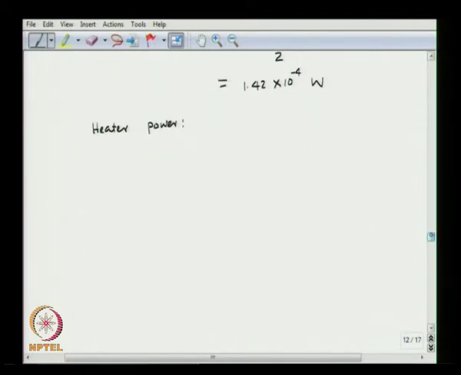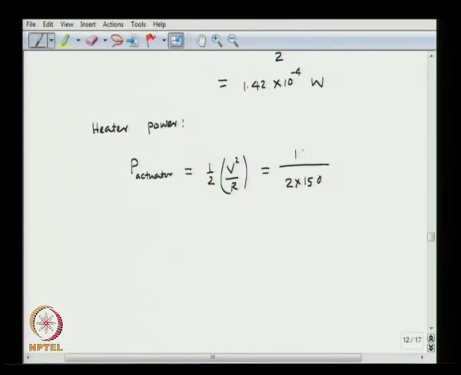So, P actuator will be equal to half into V square over R, which is going to be 1 divided by 2 into 150.